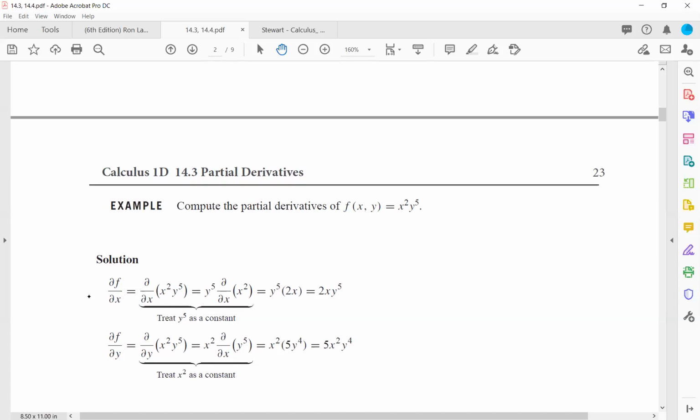Very well. Taking the derivative of f with respect to x, we have to consider y, the second variable, as a constant. We fix y and we take the derivative with respect to x. Remember that if you have a power function, x to the n, the derivative is equal to n x to the n minus 1.